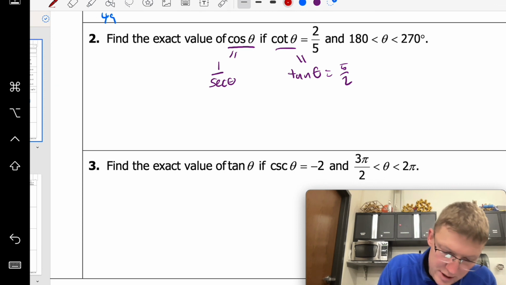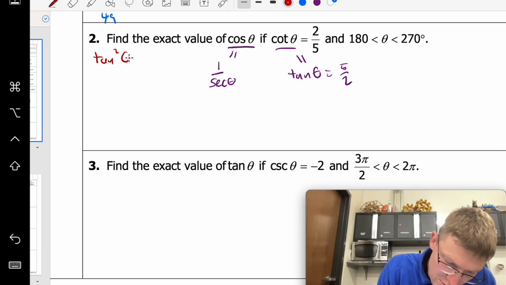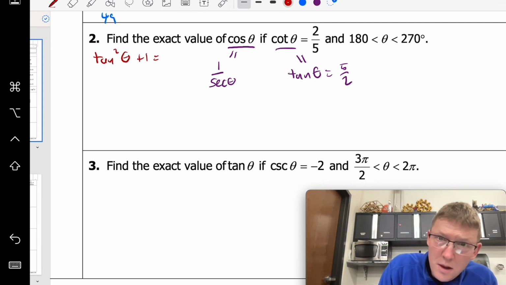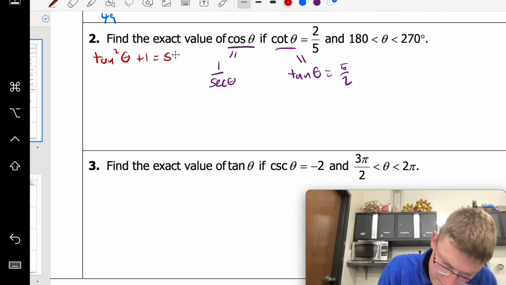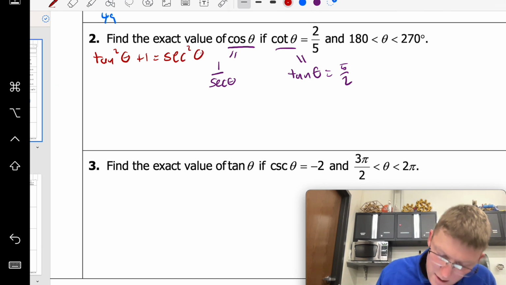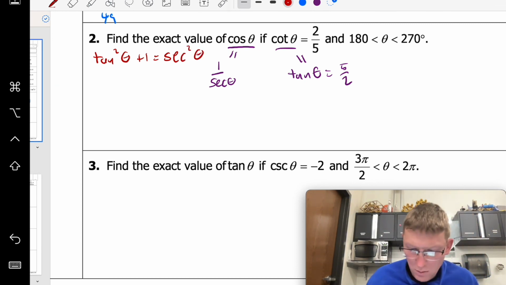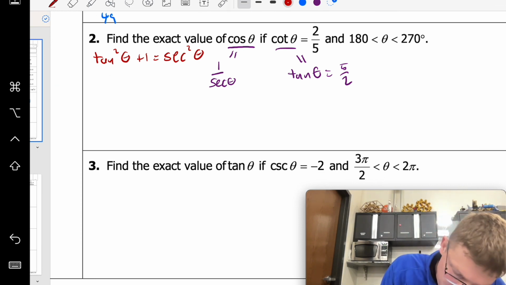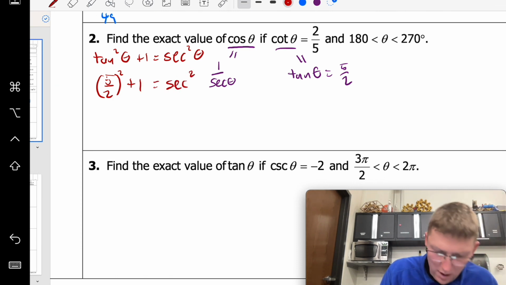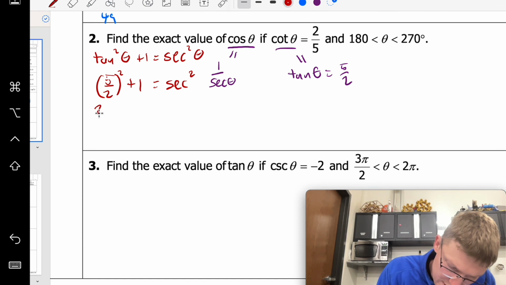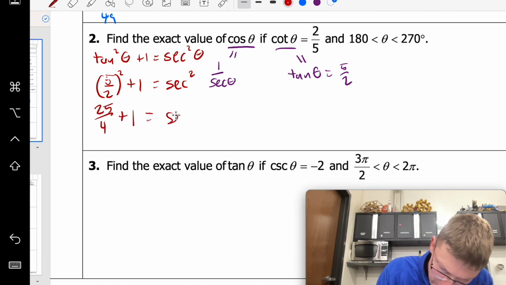Our initial equation we're going to use, tangent squared of theta plus 1 equals secant squared of theta. Okay, so then we plug in what we know. We've got tangent squared, 5 over 2 squared plus 1 equals secant squared. 5 over 2 squared is 25 over 4 plus 1 equals secant squared. I guess I should include my thetas here.